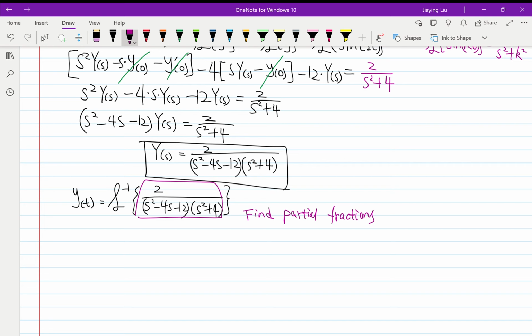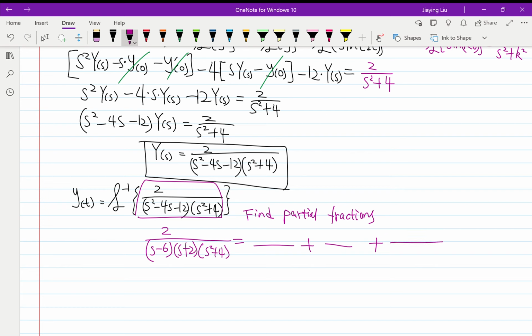So if I factor that fraction, I end up with 2 over s minus 6, s plus 2. If you're not comfortable with it, you should try to factor the denominator there, s squared plus 4. And with that, we can figure out the partial fractions.